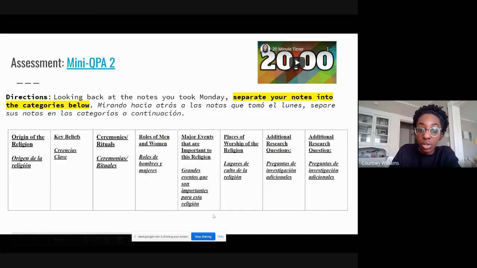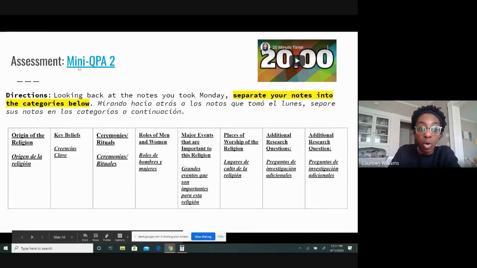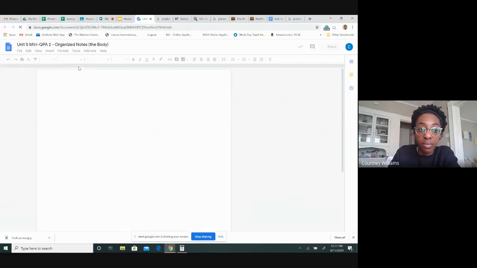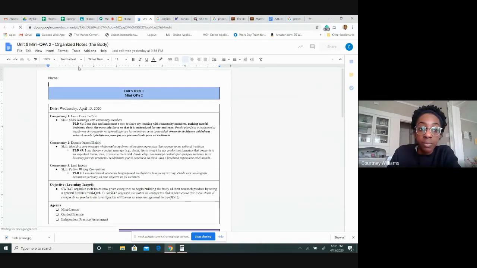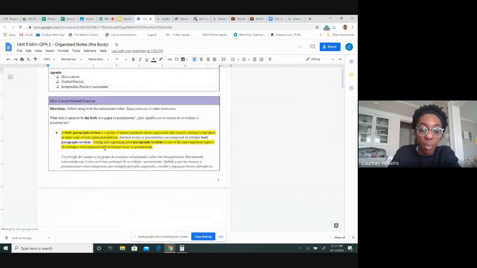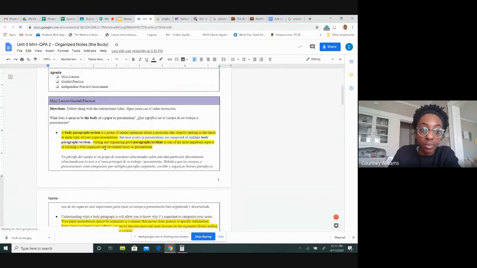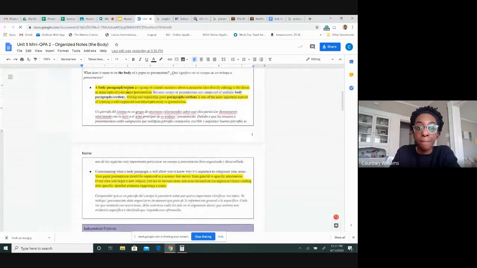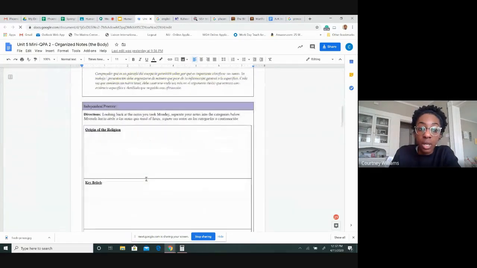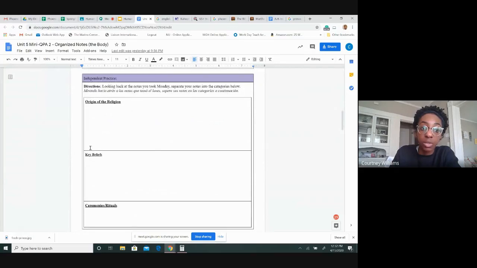And so what I'm going to do is open up the Mini-QPA and show you exactly what I am talking about. So this is the packet that you should be working in today. And if you scroll down, we went over what the body is of a paper or a presentation. And then you have your assessment, which is this part, right?